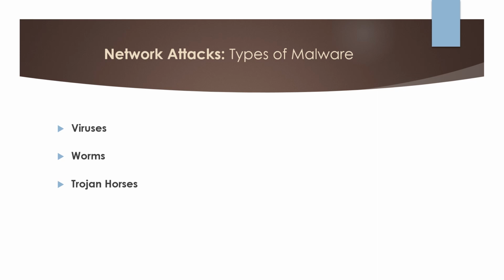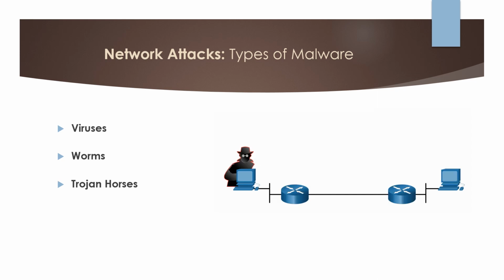Trojan horses are also known to create backdoors to give malicious users access to the system. Unlike viruses and worms, Trojan horses do not reproduce by infecting other files. Trojan horses may spread through user interaction, such as opening an email attachment or downloading and running a file from the internet.